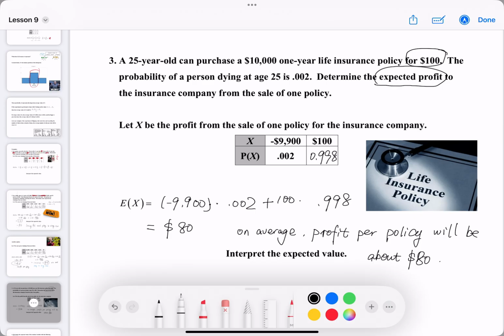The company will make a lot of money because the probability of dying at 25 is very small. So the expected profit of the insurance company is large. On average, the company will make $80 per policy, and if they sell a lot of policies to people, they are making a lot of money.